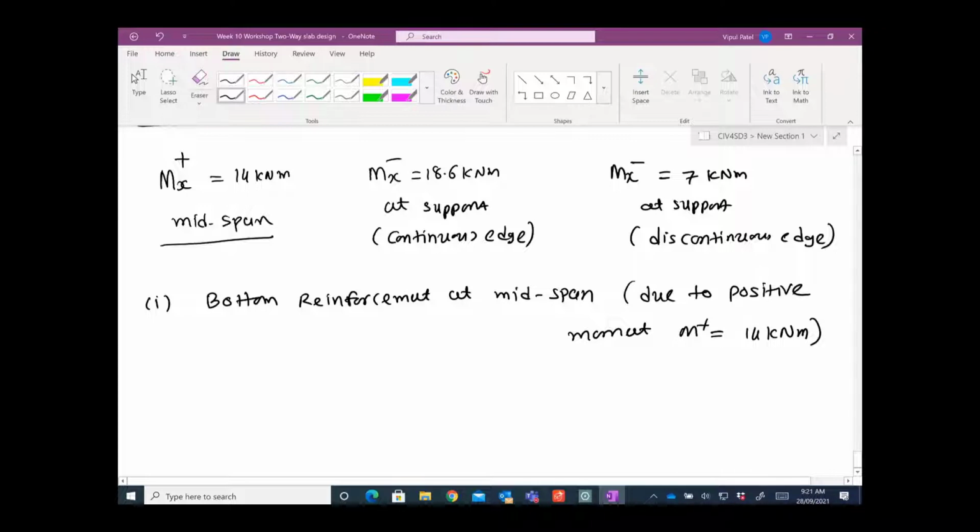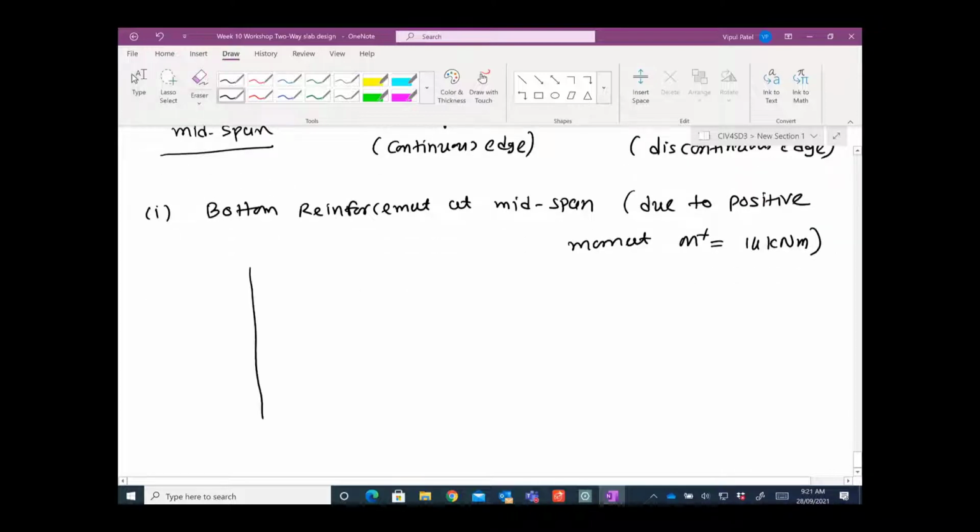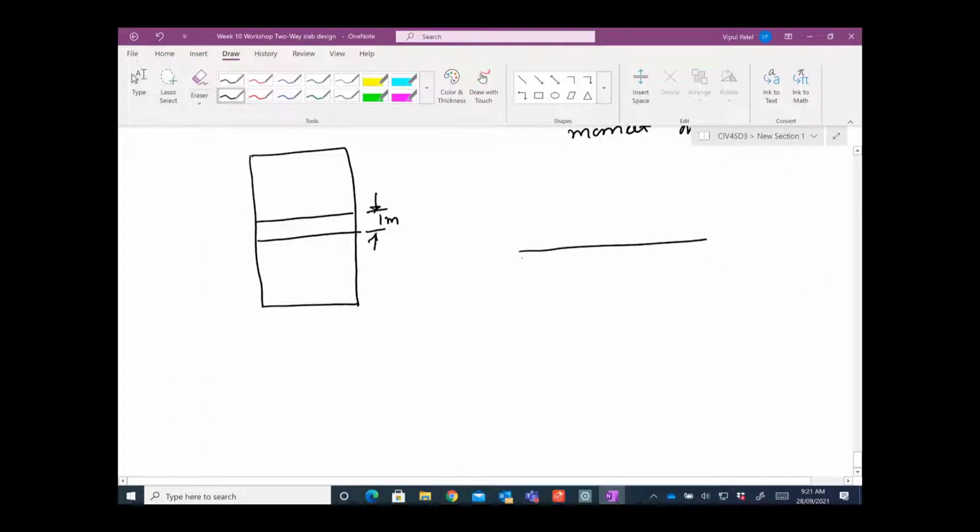Now once you know the moments, let's say I draw the corner panel here and I'm going to take a 1 meter wide strip. So that acts as a beam. What does beam mean? This is like a kind of a beam, let's say this is a 5.5 meter beam, and let's say support is here.